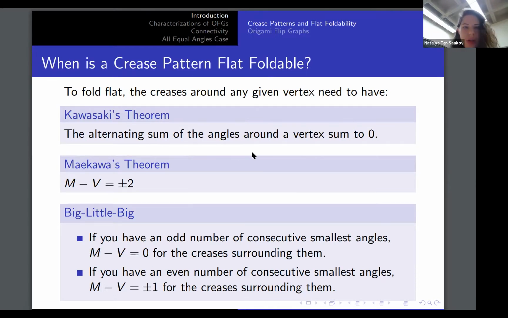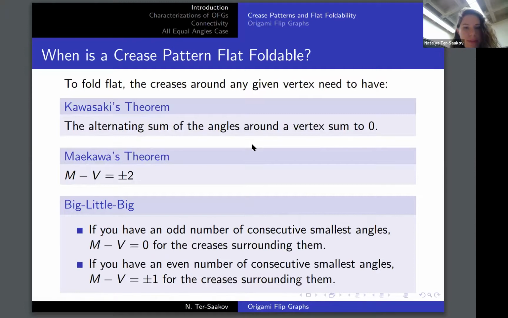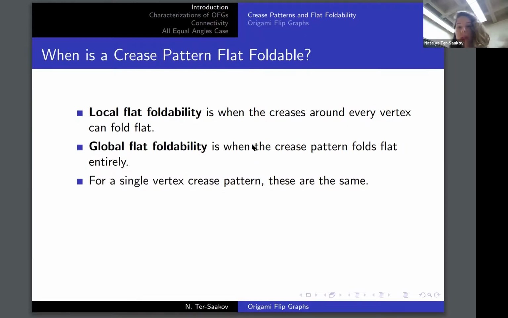So these are rules for crease patterns. They tell us about local flat foldability. Unfortunately, local flat foldability is not the same as global flat foldability, unless you only have one vertex, because you start having some issues with paper self-intersection from different vertices coming over one another, but that's okay.